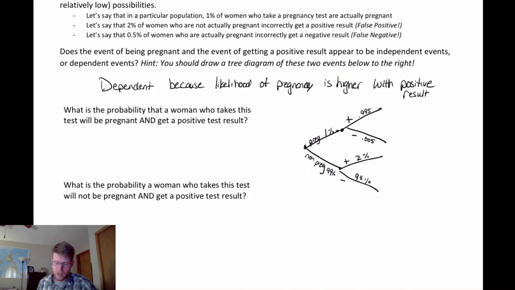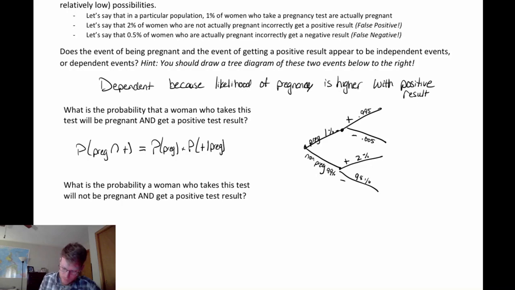What is the probability that a woman who takes this test will be pregnant and get a positive test result? So the probability of pregnant intersect positive results is going to be the probability of pregnant times the probability of positive given pregnant. The probability for pregnant is 0.01.